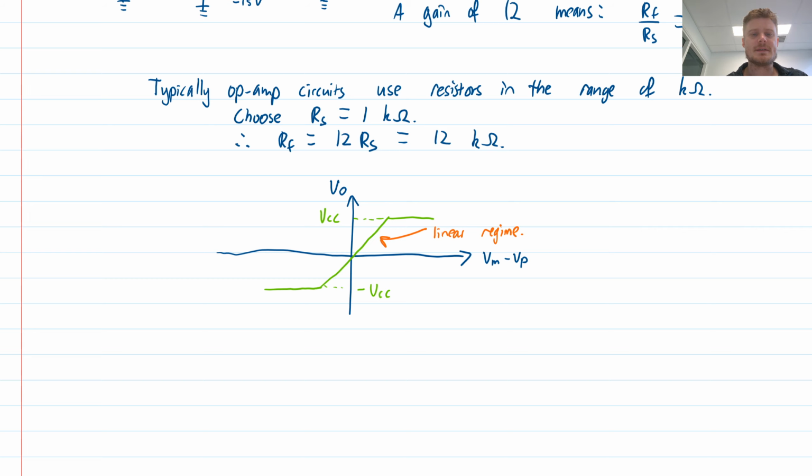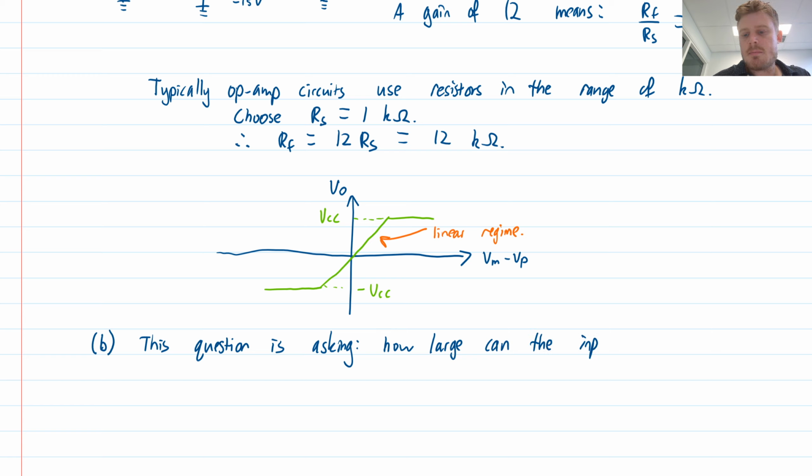So what this is basically saying is, how large can the input be and this thing still works as an amplifier? So part B is asking how large can the input be before the op-amp stops working as an amplifier.